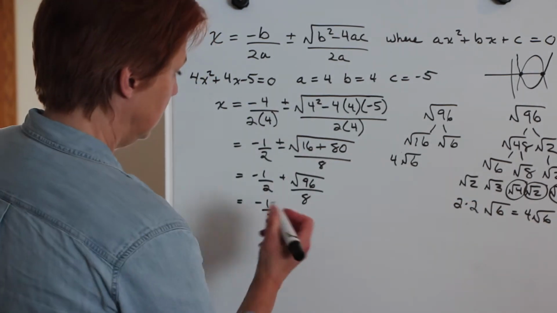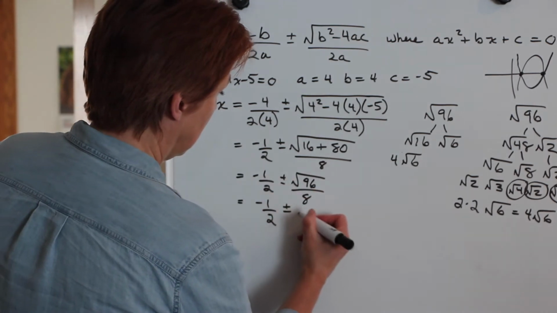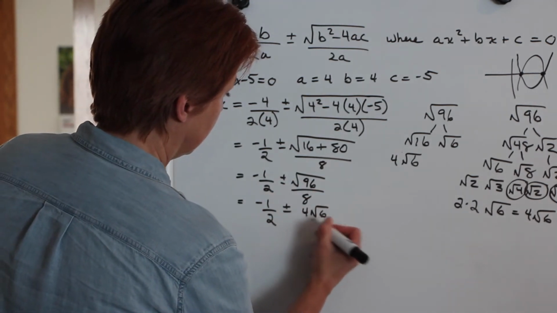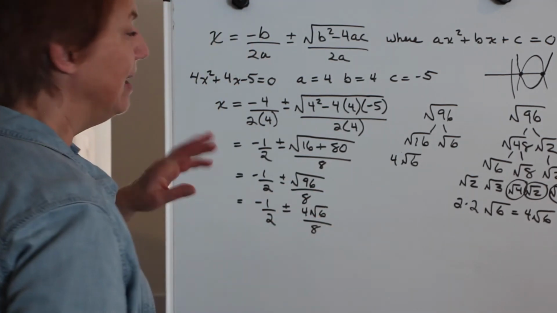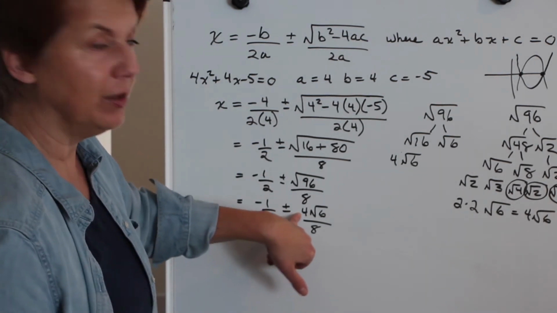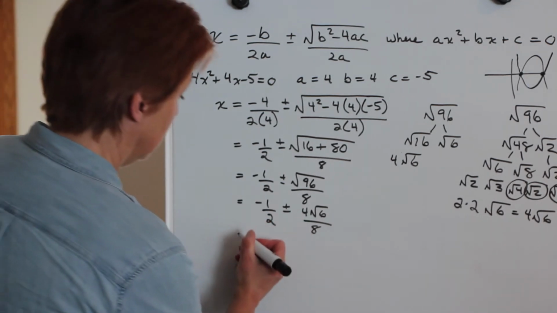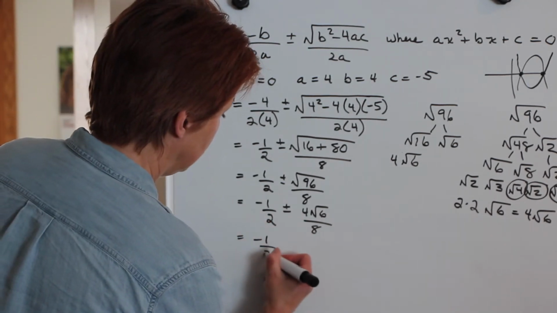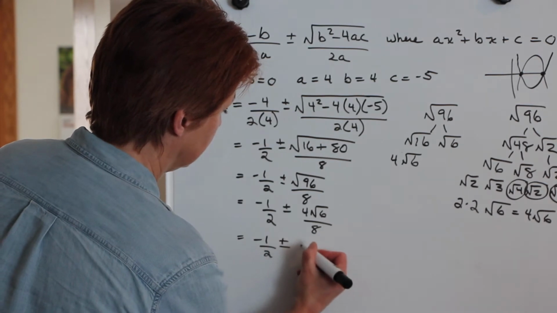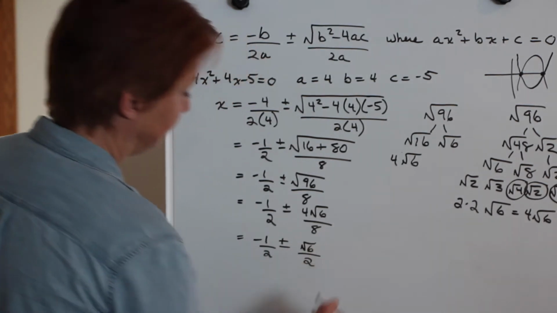Okay, so we're going to take this 4 root 6, and we're going to put it over here, over 8. Now you can reduce with that 8, and it's only this number you can reduce with because it's rational, okay? So we have negative 1 over 2 plus or minus root 6 over 2.